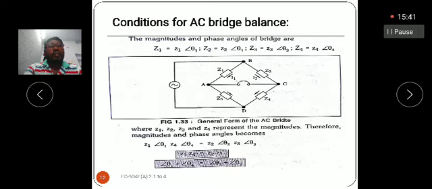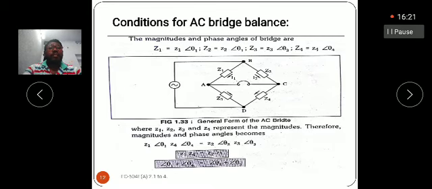The magnitudes and phase angles of the bridge arms: here Z1 is the impedance, Z1 = z1∠θ1, where small z1 and θ1 are the magnitude and the angle of the impedance. Similarly, Z2 = z2∠θ2, Z3 = z3∠θ3, and Z4 = z4∠θ4. That means Z1, Z2, Z3 with respect to magnitudes as well as phase angles.